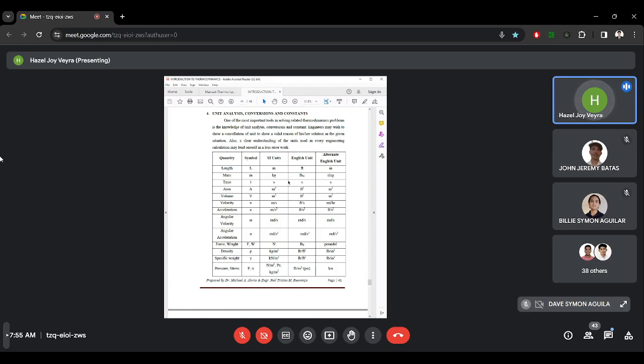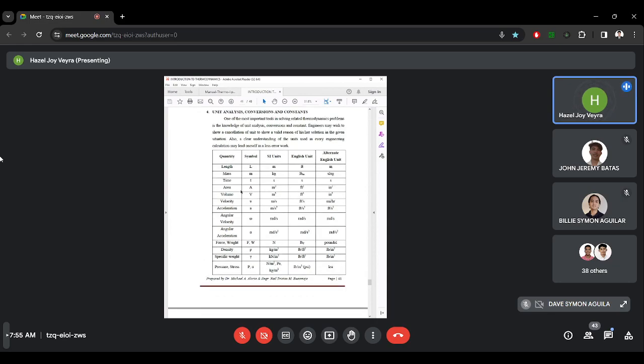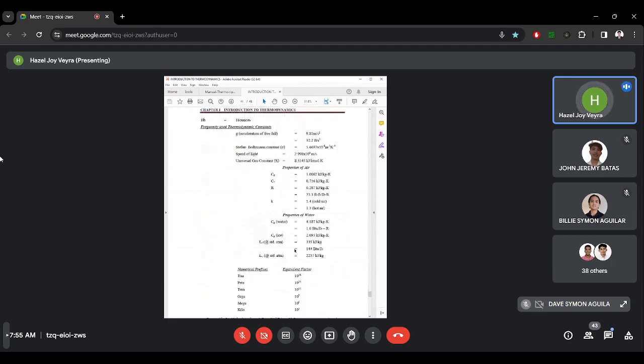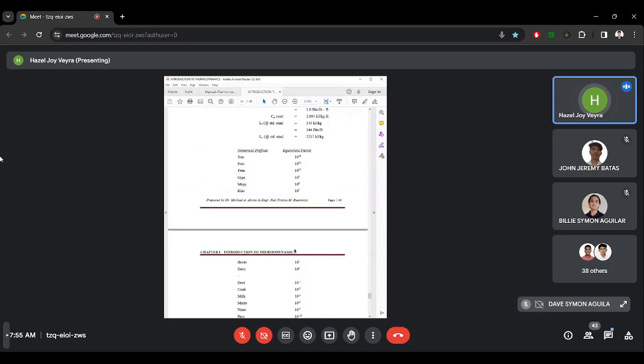So this will be very important when it comes to solving problems, especially when you're doing unit analysis. No? So, basahin nyo na lang to and tandaan. Also, these conversions, so baka lumabas siya sa quiz, baka lang.